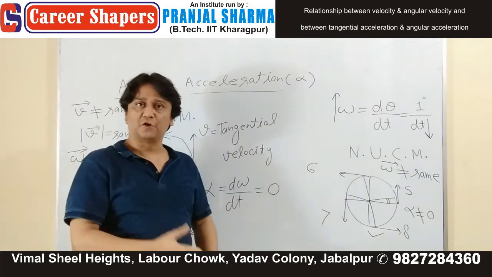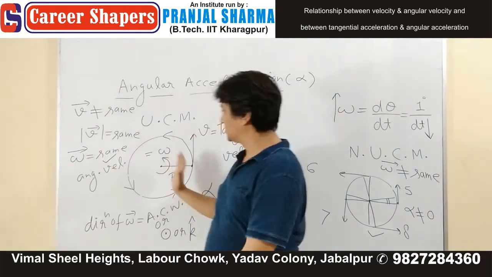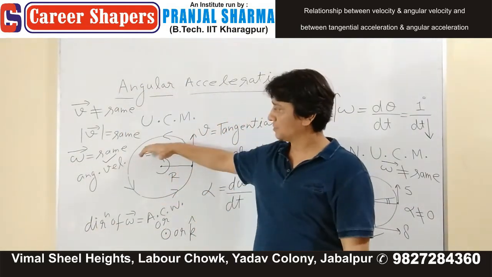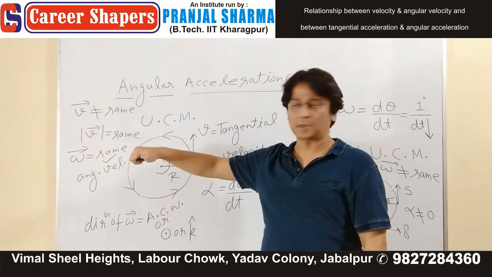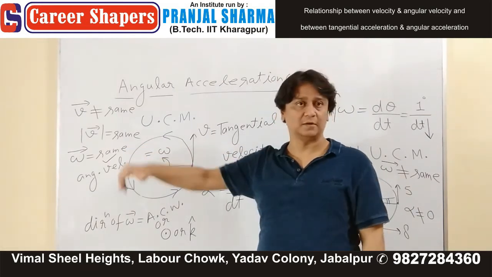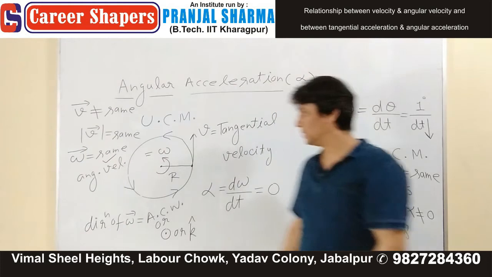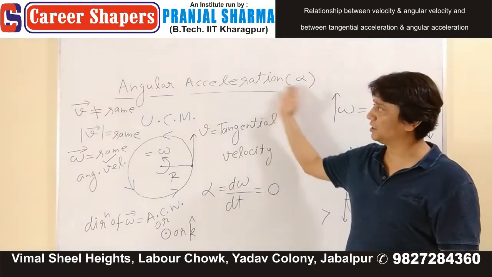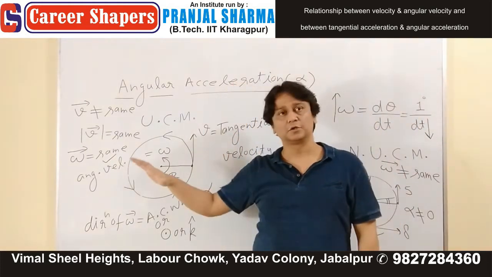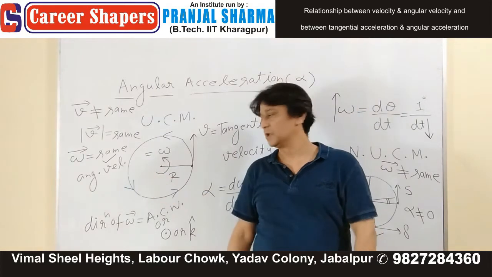What is the direction of omega? Direction of omega is given by this, along the axis by thumb. Similarly, direction of alpha, angular acceleration, is also along the axis. Write down this.